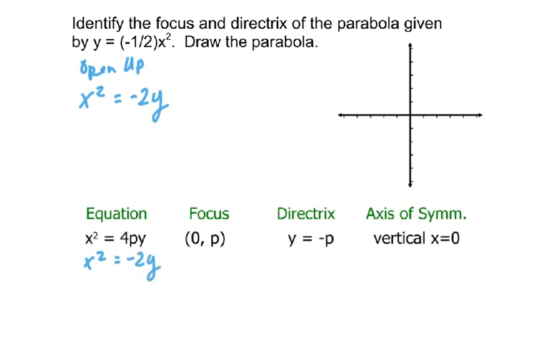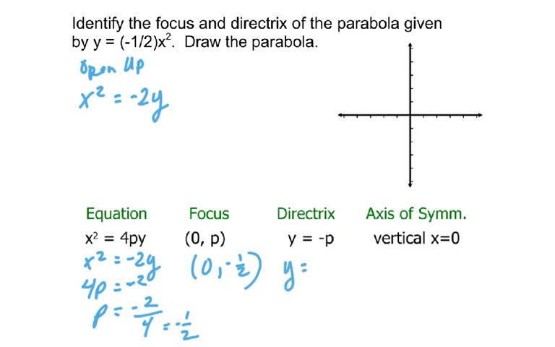So that means that 4p is equal to -2. That means p is equal to -2/4, which reduces to -1/2. So our focus is at 0, -1/2. Our directrix is going to be y equals the opposite of -1/2, so that's y equals 1/2.